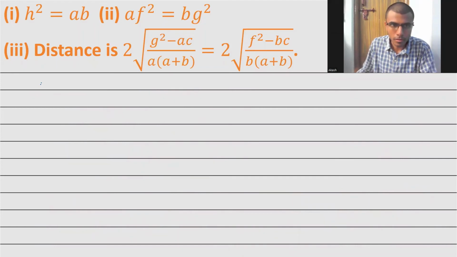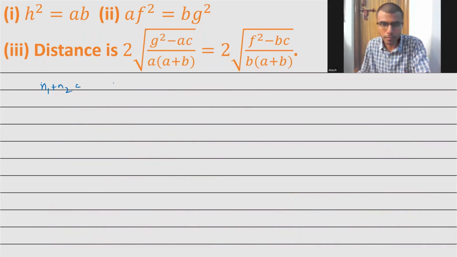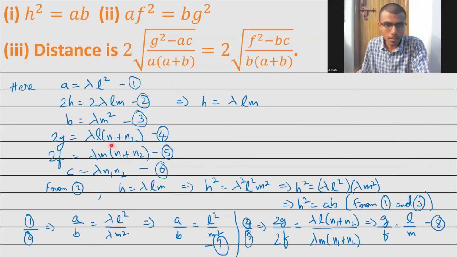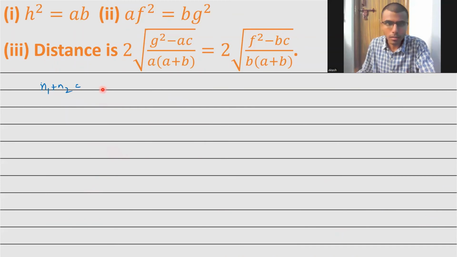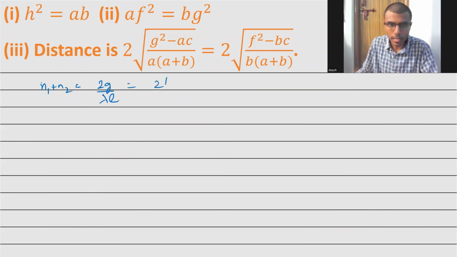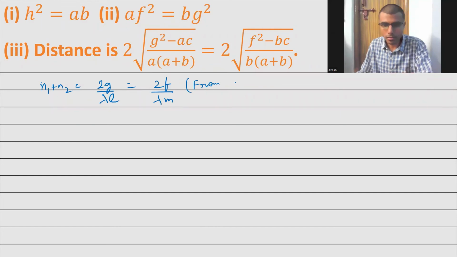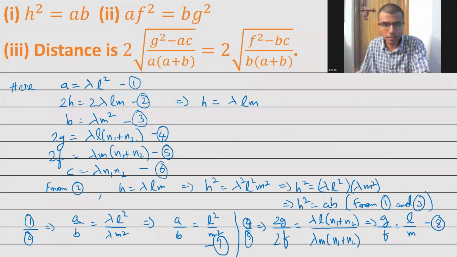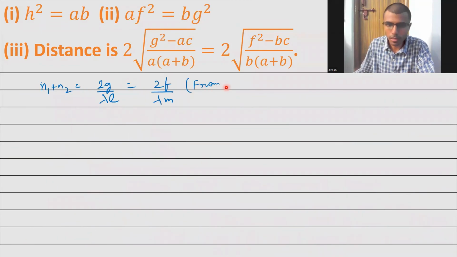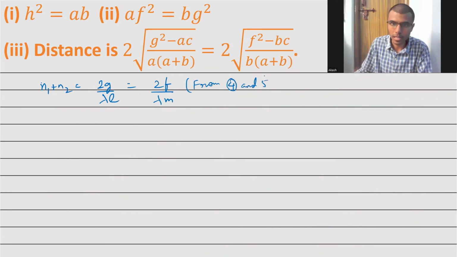You can just break it like this. n1 plus n2 is nothing but equal to 2g by lambda L, which is equal to 2f by lambda M. I'm getting this from 4 and 5.